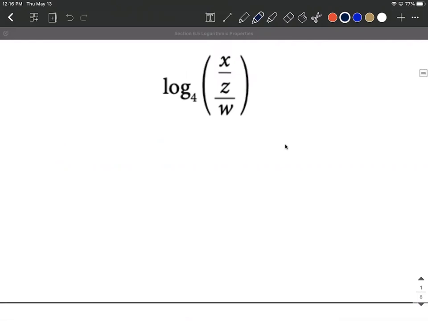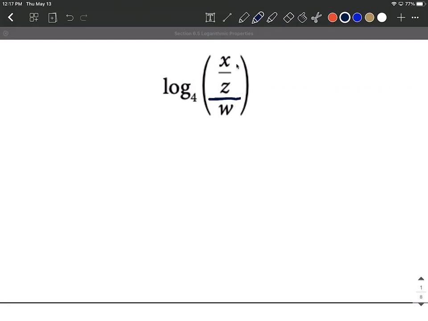All right, on this next one, we have log base 4 of x divided by z, and then there's a big fraction bar going across here, divided by w. So on this one, what I may want to do first is simply rewrite this. We have a couple different options on this.